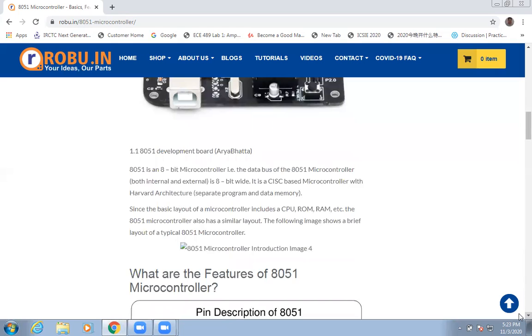It is a CISC-based microcontroller with Harvard architecture, that is, it must have separate program and data memory. Since the basic layout of a microcontroller includes a central processing unit, ROM, RAM, etc., the 8051 also has a similar layout.